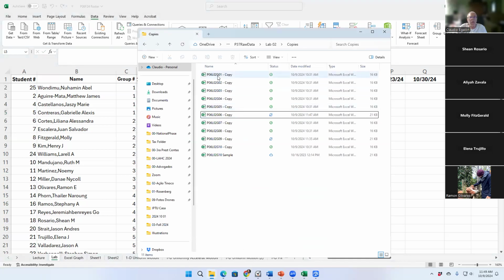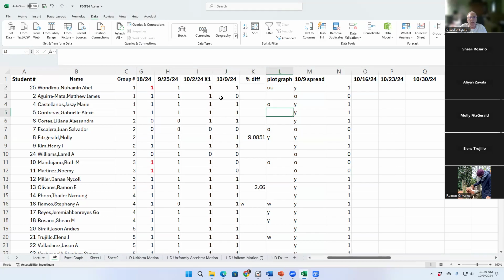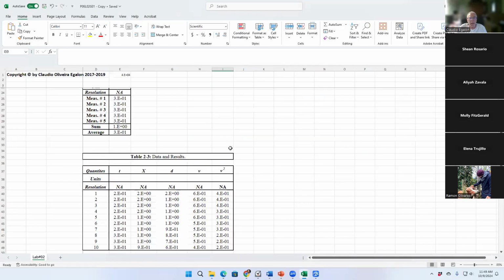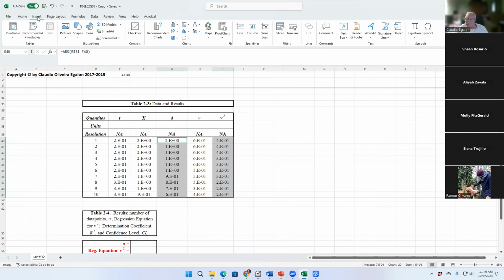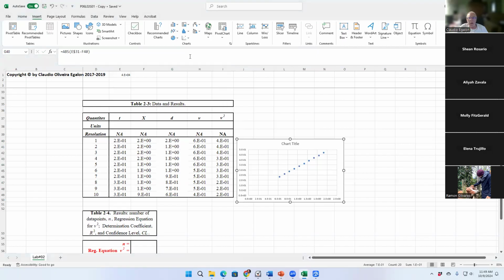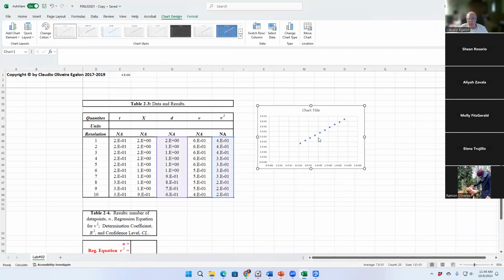Help me understand what the problem is, Gabrielle. I'm going to get your spreadsheet here, and you plot v squared and d. You did that, right? There you go. Let's see. Chart. Okay, see, I get it right. No problem here.